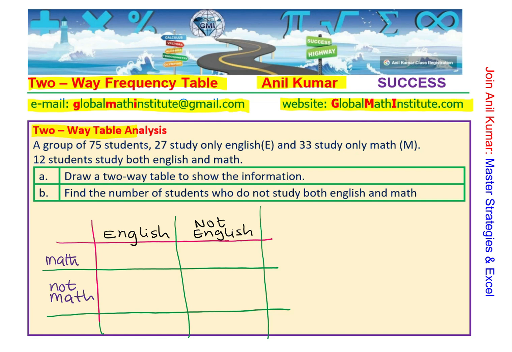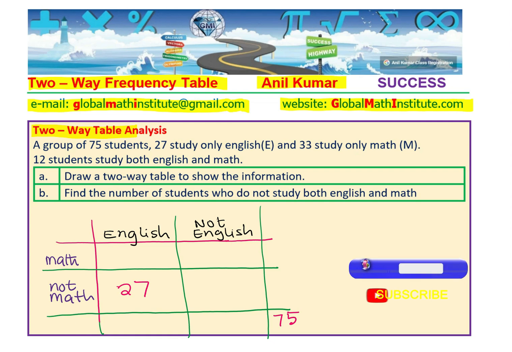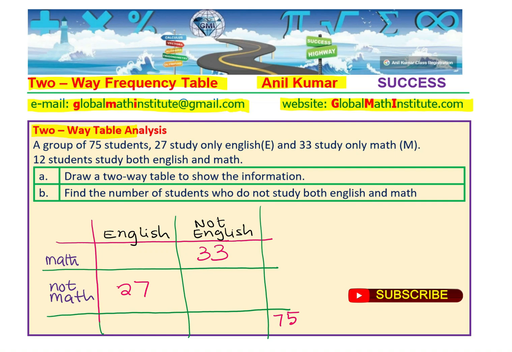So the total should go right there, 75 students, which is the total of both English and math. 27 study only English and 33 study only math. Only English means English and not math, right? So 27 will come here. 33 study only math, so not English, right? That is why we had two different columns, one for English, one for not English. Does that make sense to you? Now it becomes easier to understand, correct?